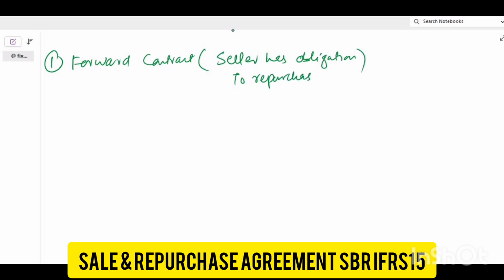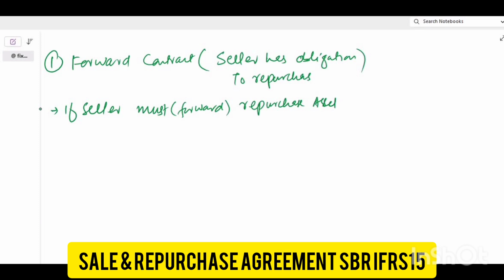So in this case, a seller must repurchase the asset.